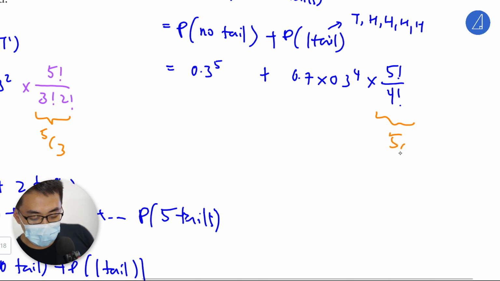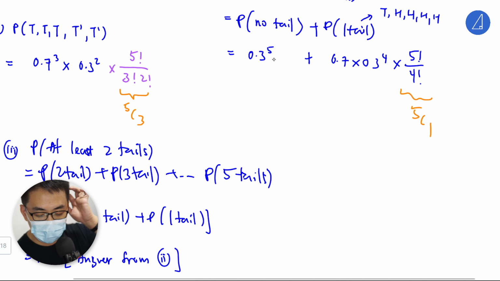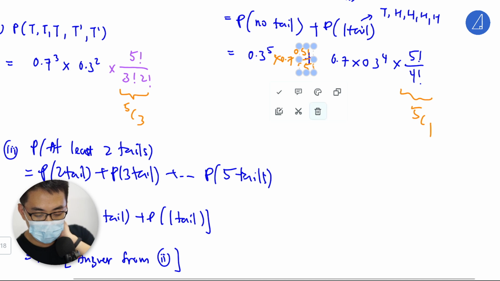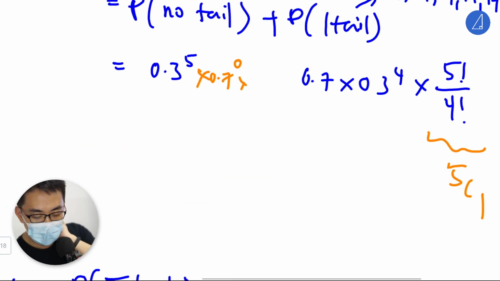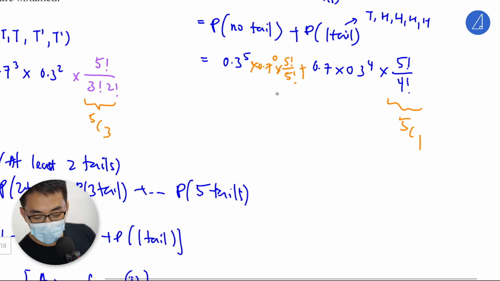Essentially, for no tail you can put 0.7 to the power 0, and then 5 factorial over 5 factorial. So in this case, this is 5 choose 0.